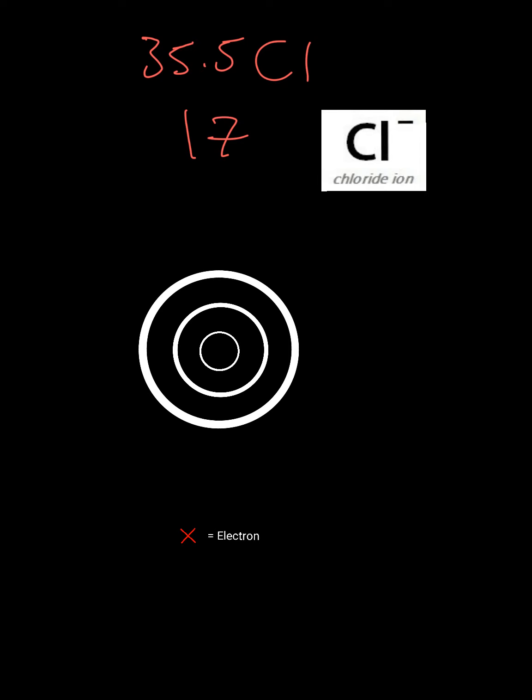Once again, we'll do the same thing we did last time. This time we have 18 electrons because it's gained 1 more electron. 2 go in the first shell, 8 go in the second shell, and then 8 go in the third shell, which adds up to 18 electrons.